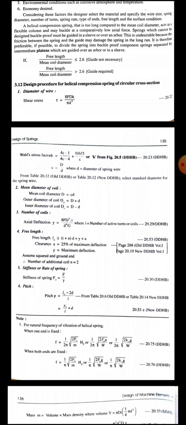Fifth is the stiffness or rate of spring, F0 equals F by Y. The pitch p is L0 minus 2d upon I, from the equation in table 20.14 of the book.